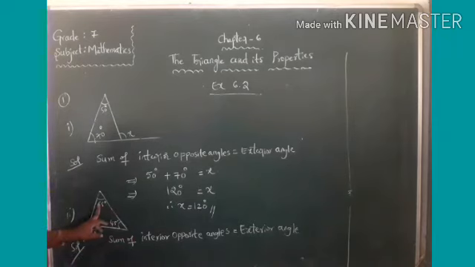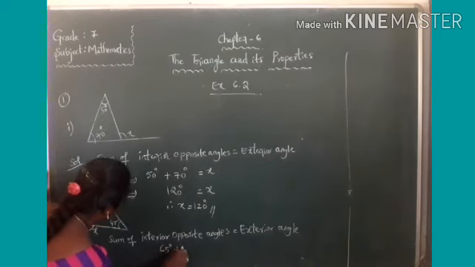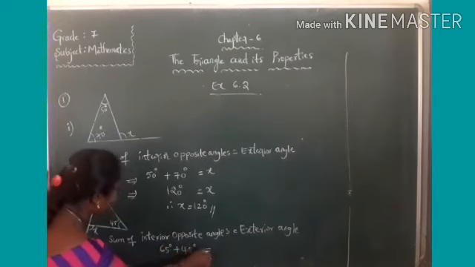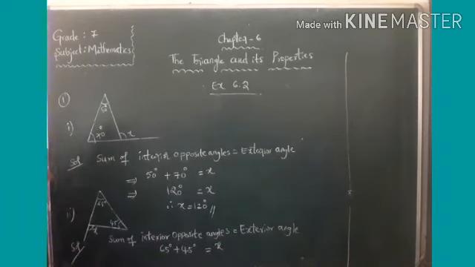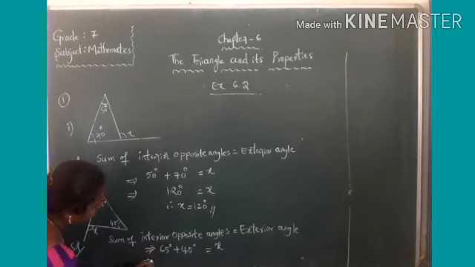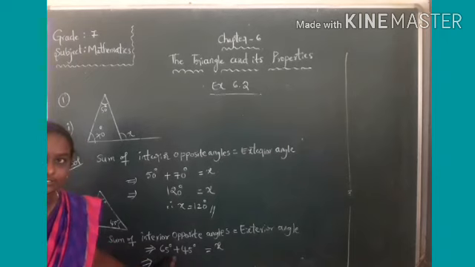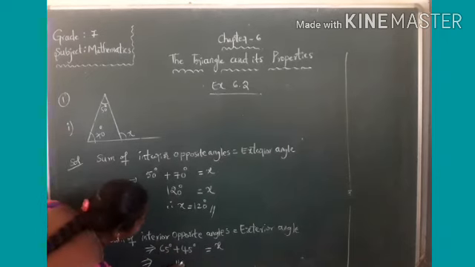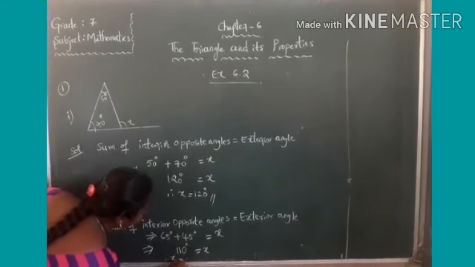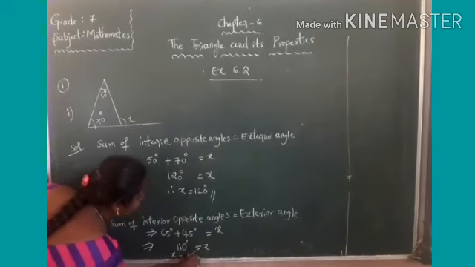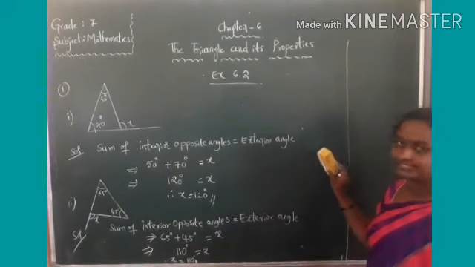Sum of interior opposite angles: 65 degrees plus 45 degrees is equal to x. x is an exterior angle. Do the sum: 65 plus 45. 5 plus 5 is 10, 6 plus 4 is 10. Yes, 110 degrees. So therefore the exterior angle x is equal to 110 degrees. Is it clear, children? So, very easy problems.